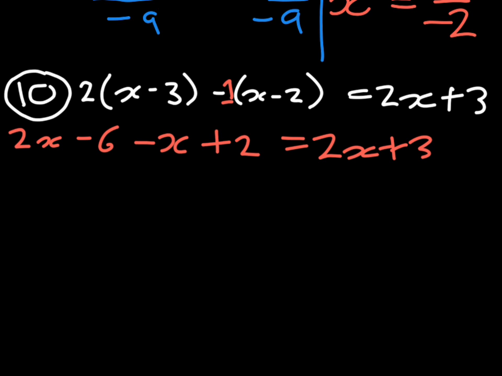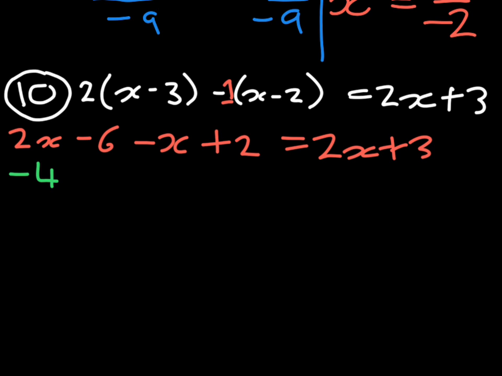Alright, now on the left-hand side, we can begin to simplify. So, because we've got a constant over here and a constant over here, we can let those two interact. And minus 6 plus 2 is minus 4.